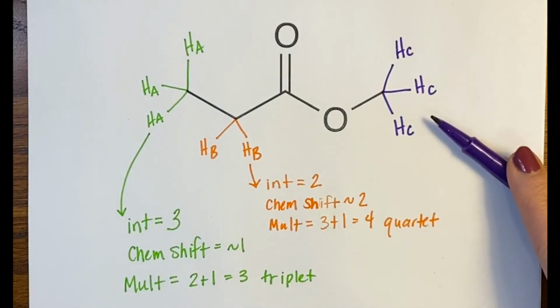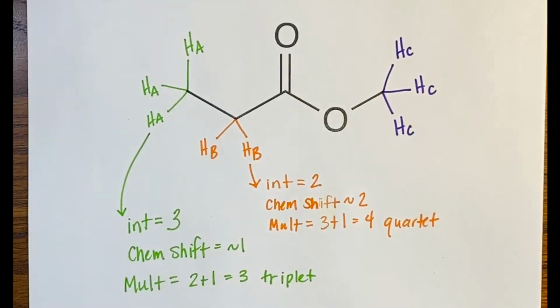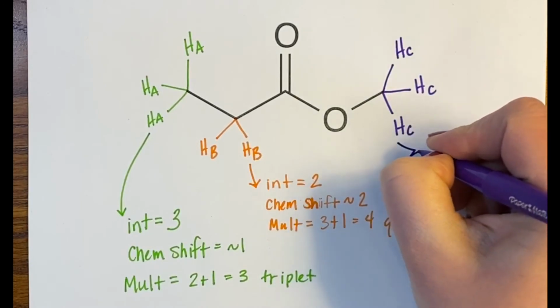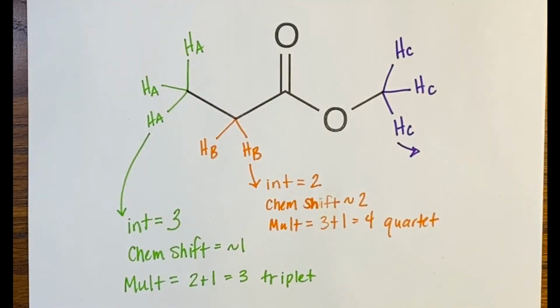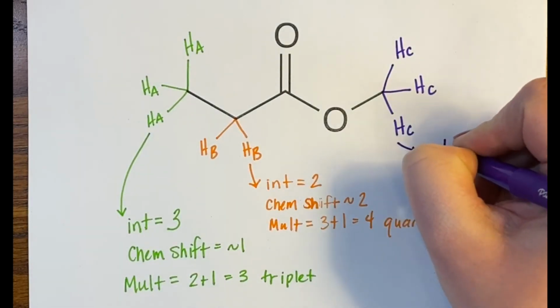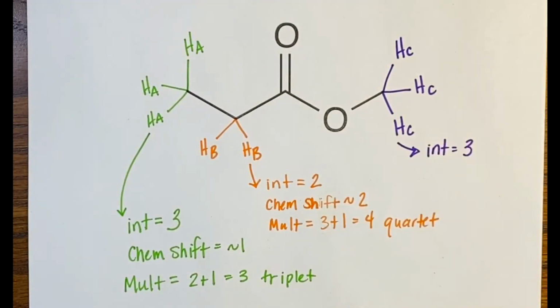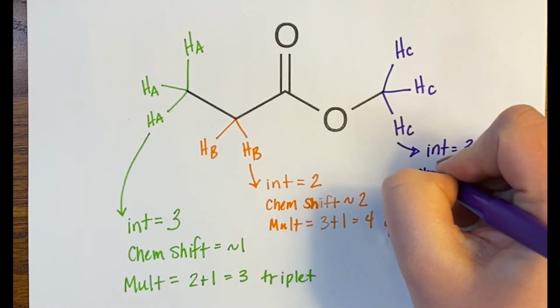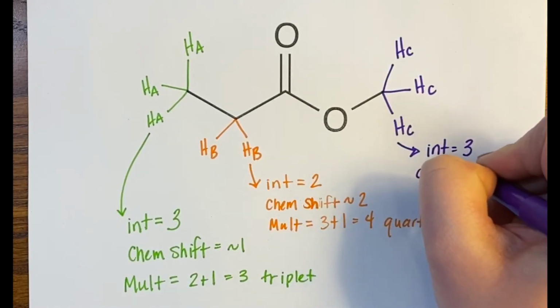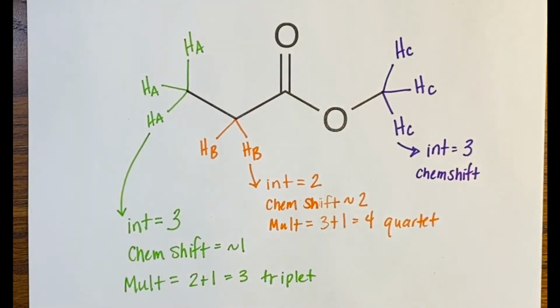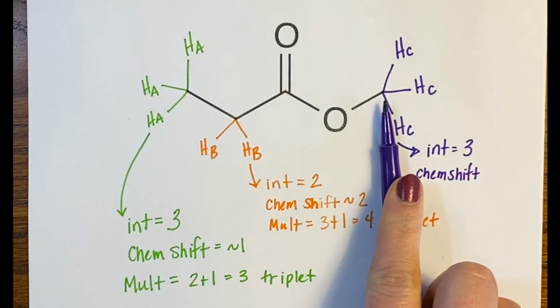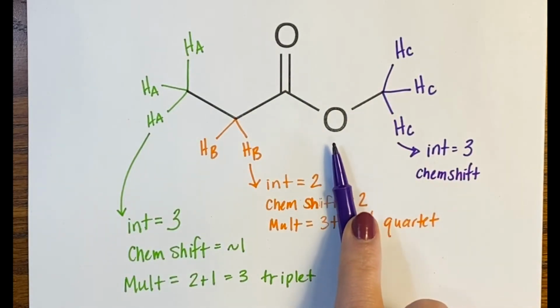For my protons that I have identified as HC, there are 3 protons that I have identified as HC, so I would expect an integration of 3. When it comes to the chemical shift for HC, these are protons that are bonded to a carbon that's also bonded to an oxygen.